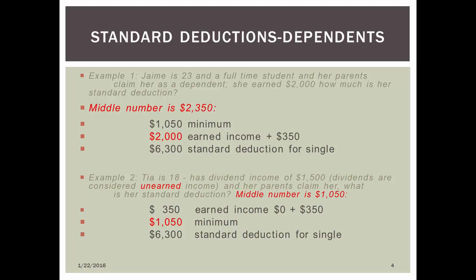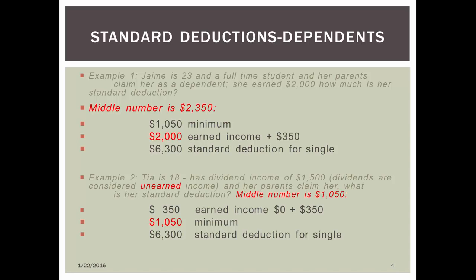And then we're going to take her earned income, which was $2,000, and add $350 to it. So now we have three numbers, $1,050, $2,350, and $6,300. We put them in order from lowest to highest, which in this case they're already in that order. And so $2,350 is the middle number. We circle that. That is her standard deduction.